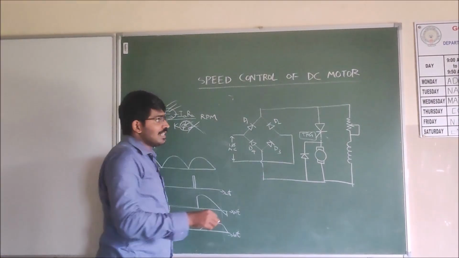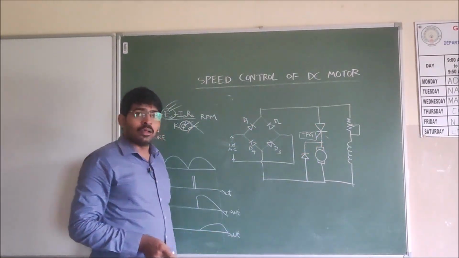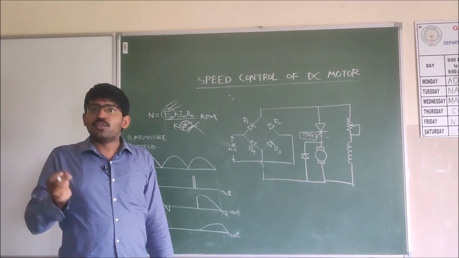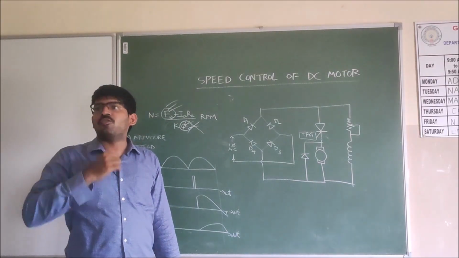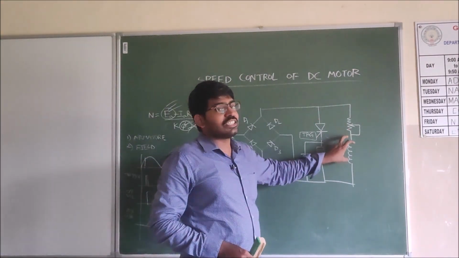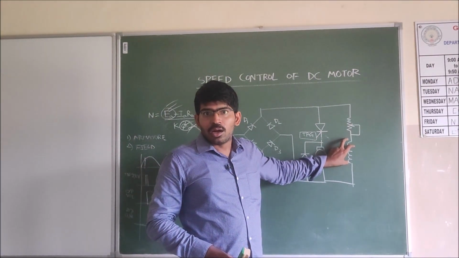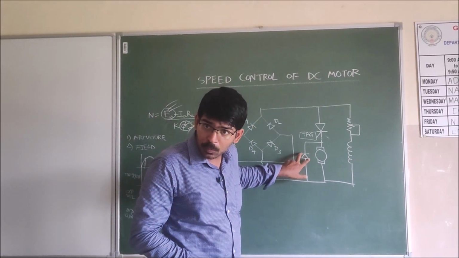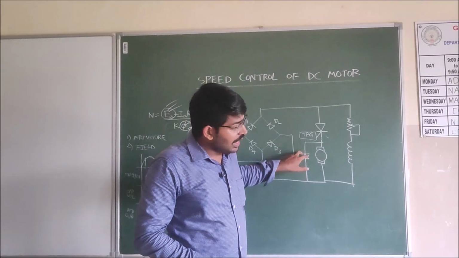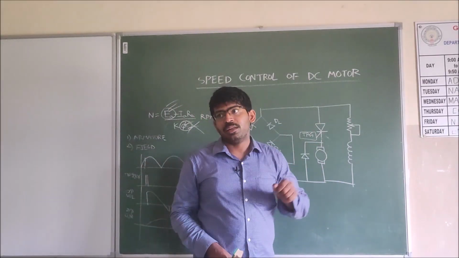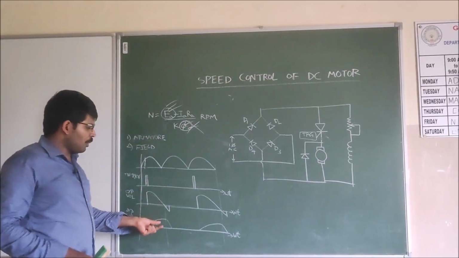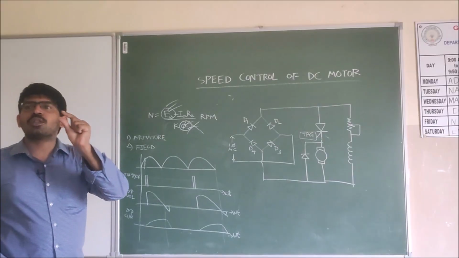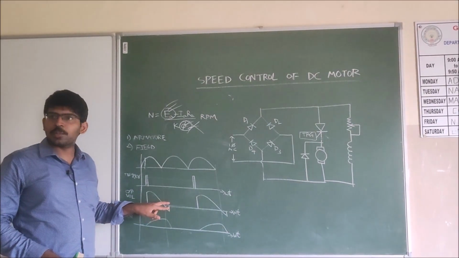Yes, obviously the SCR turns off. But the important point you have to remember is, even though the SCR is turned off, the inductor is charged. Now the inductor finds a path through this freewheeling diode to discharge, and that will rotate the motor again. For a small amount of time, you will observe the voltage continuing.